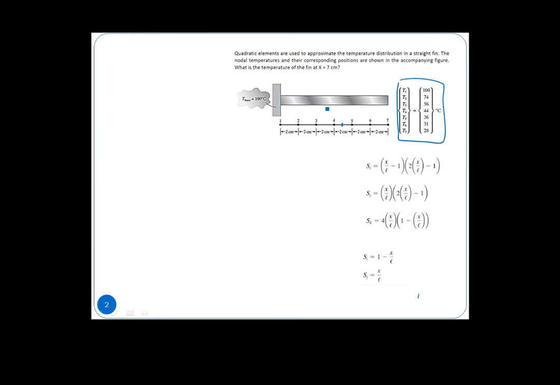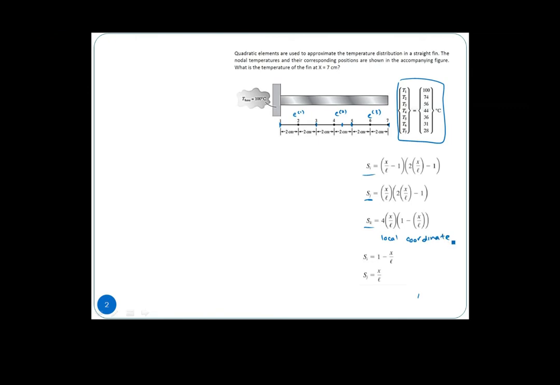So this will be my element number 1, with number 2 and number 3. The shape functions are Si, Sk, and Sj, and you can refer to them. What we are doing here is in local coordinates as shape functions.